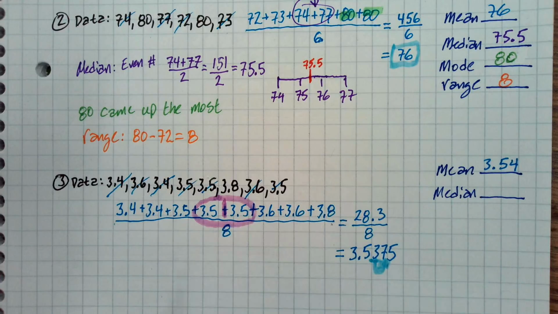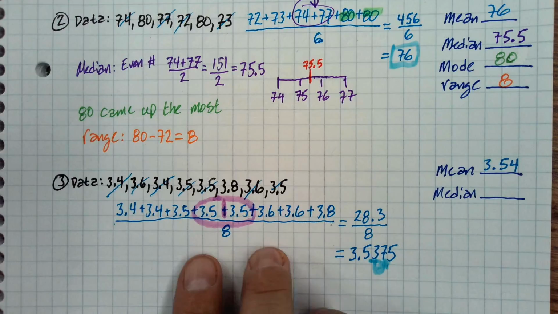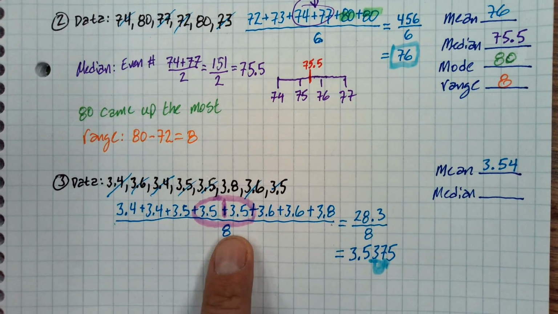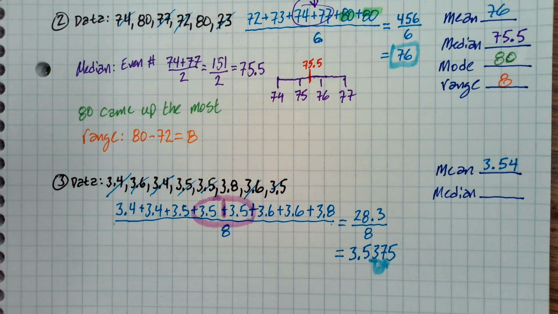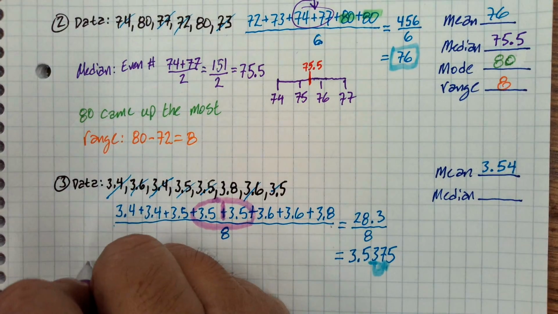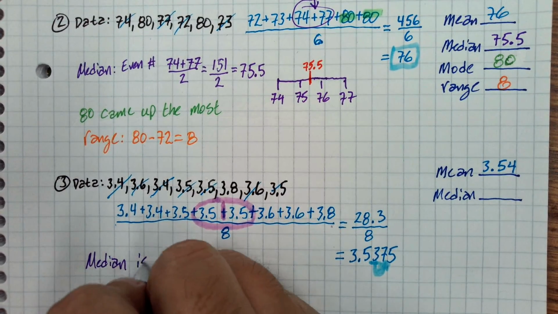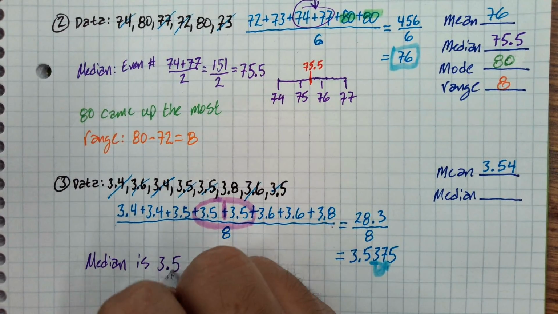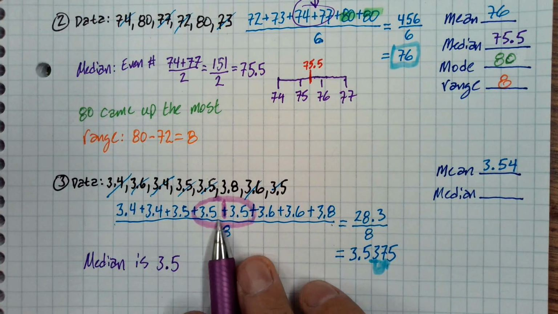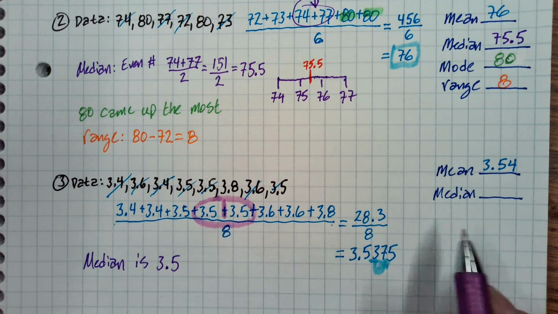So it's in between 3.5 and 3.5. So what's the median? It's 3.5. Both numbers that are adjacent are the same, so the middle is 3.5. So we got lucky there. The median is 3.5 because the halfway point between 3.5 and 3.5 is 3.5.